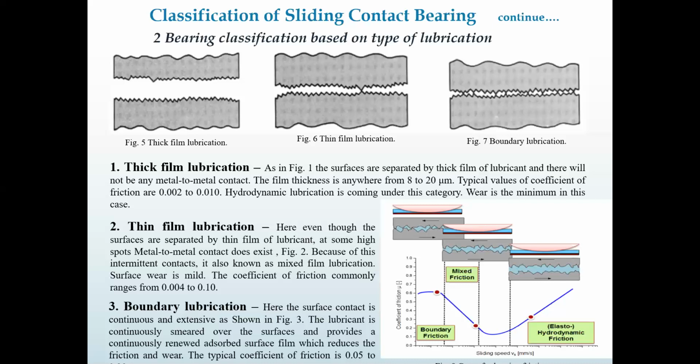Now in the mixed film, or mixed condition, the region is in between. The contact surface is greater, but the completely high pressure oil film separating the two surfaces is not properly formed.